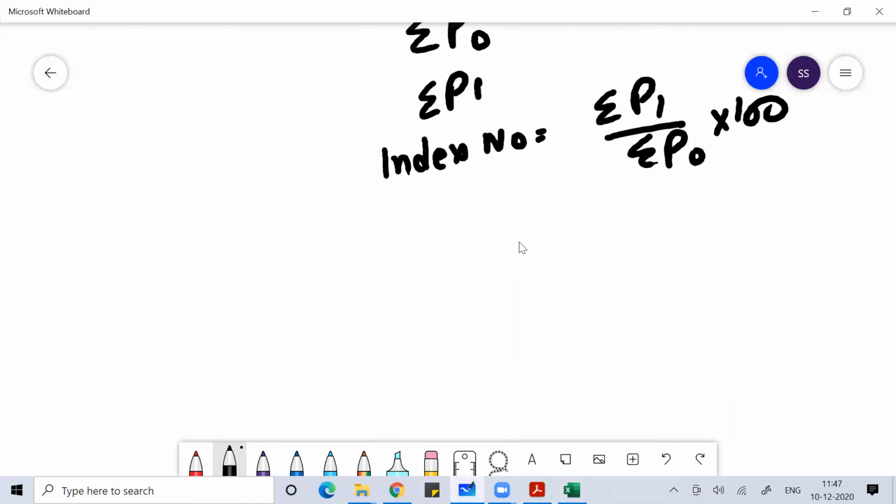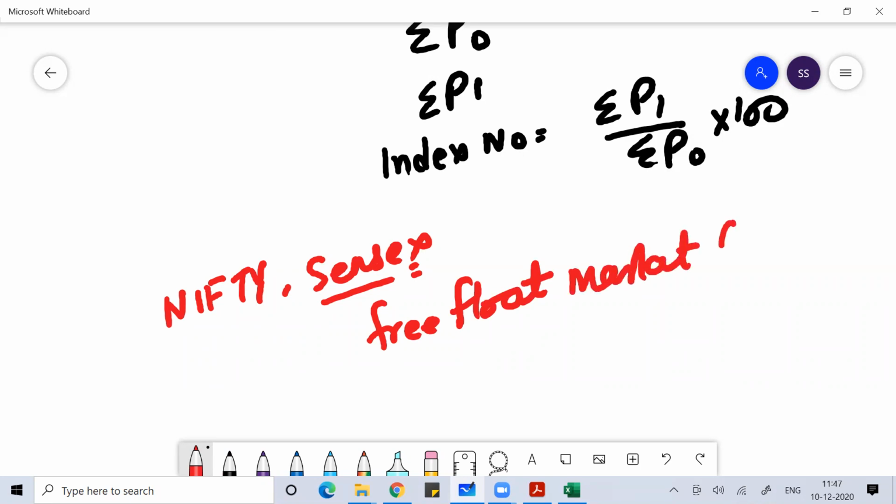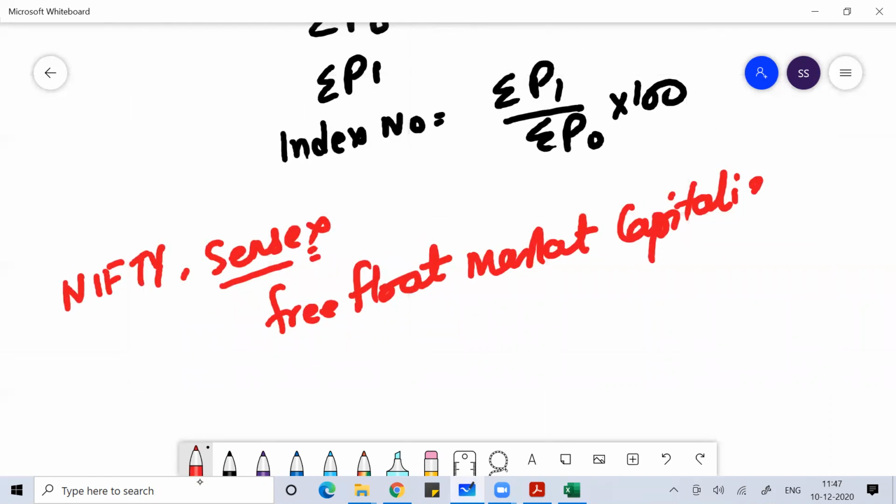When we talk about the index in India, either you talk about Nifty or Sensex. The Nifty and Sensex follow free float market capitalization in our country. In all the other indexes too, more or less, they follow free float market capitalization.